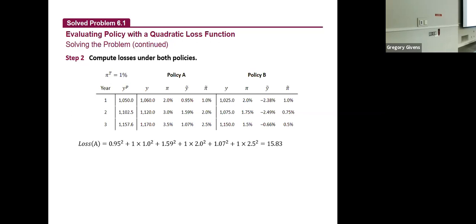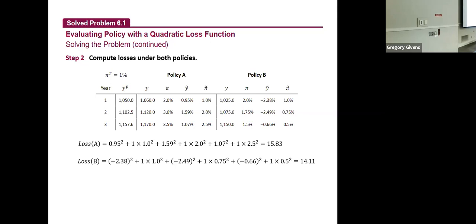You add to that the squares of the output gaps and inflation gaps in the subsequent years. Now, if you do the tedious calculations there and add all of that up, you're going to find that central bank loss for policy A is 15.83. Okay? Loss under policy B ends up being 14.11.